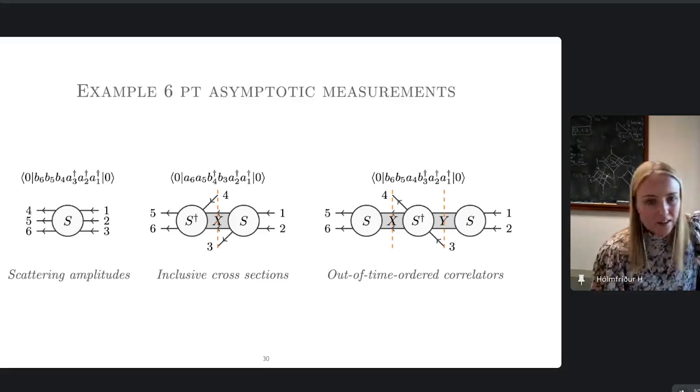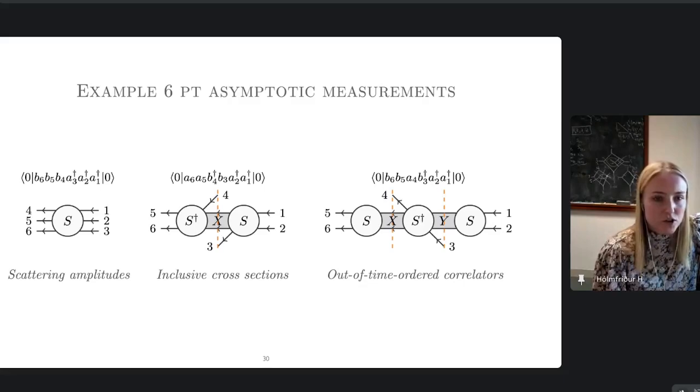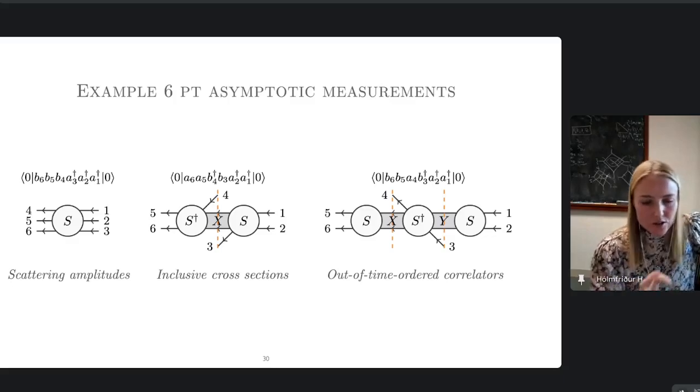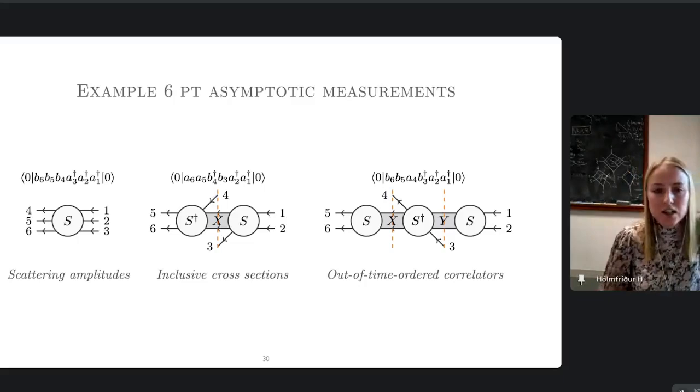But here we're not saying anything specifically about real versus virtual or infrared finiteness or anything like that. We're just saying that we can fit all of these observables into these pictures and the operator algebra, the measurement algebra, basically.